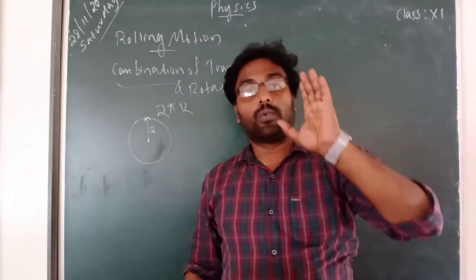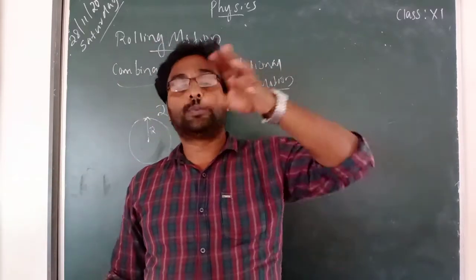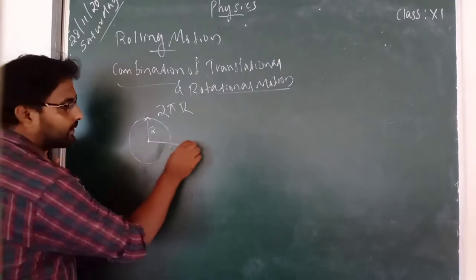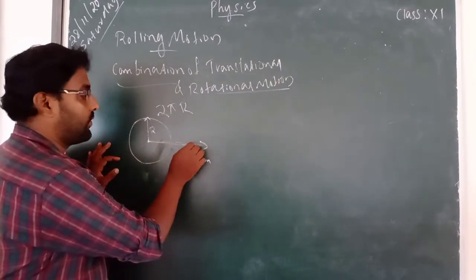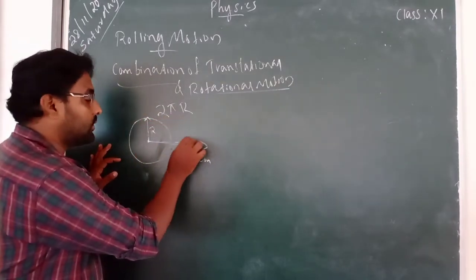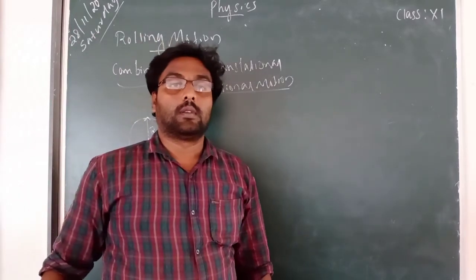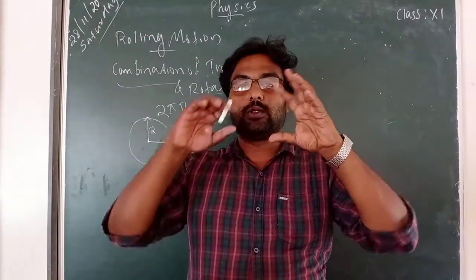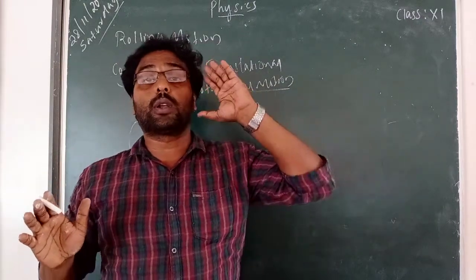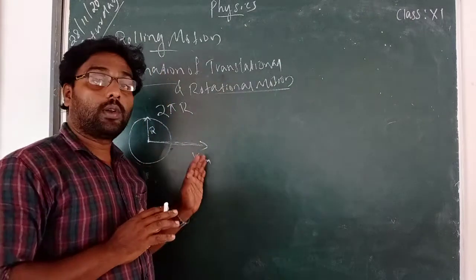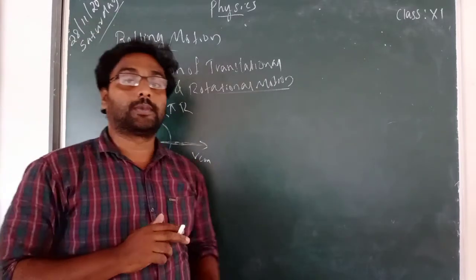So for one full rotation, its center of mass is also displaced. You see, this is a center of mass. This center of mass is also displaced 2 pi r. Understand that? If you choose a circle of radius r, its circumference is 2 pi r, so for one full rotation its center of mass is also displaced 2 pi r.